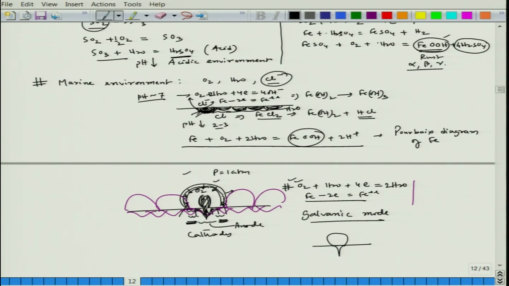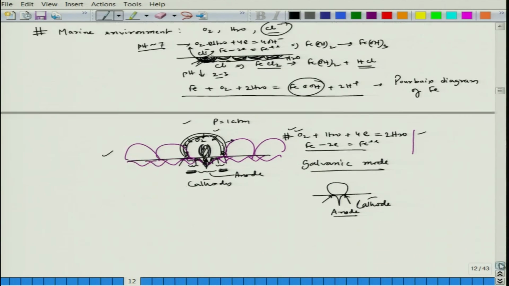So, this happens because this section will act as cathode, because this reaction happens preferentially at the annular portion, but the central portion is preferentially anode. So, that time it becomes localized, but if it happens like this, then all the localized modes are connecting together and it will be giving you a kind of appearance of uniform corrosion, fine.